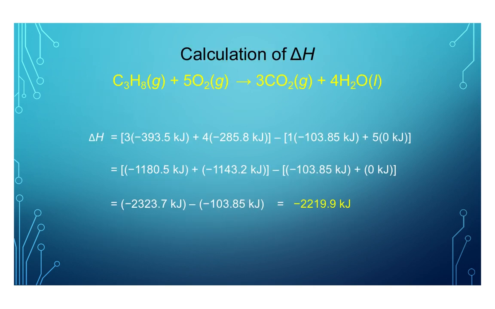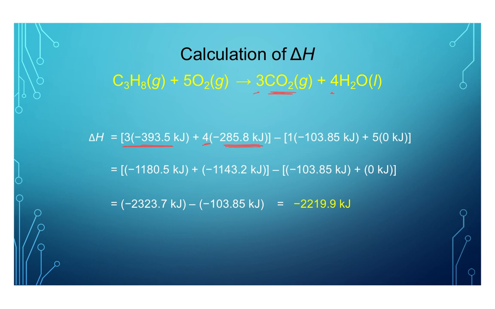All right, so I'm going to start out. If I look up the heat of formation of CO2, that's negative 393.5. I multiply that by 3 because of the coefficient. I'm adding that to 4 times the heat of formation of water, which is this.